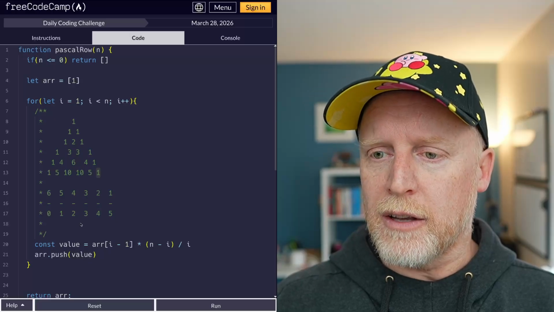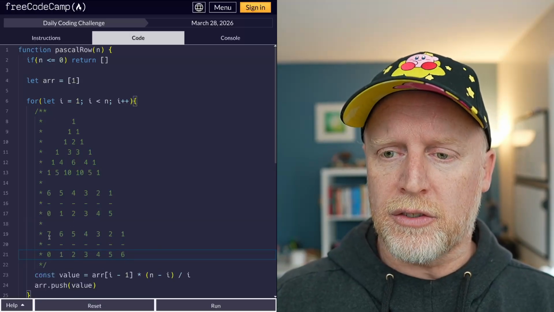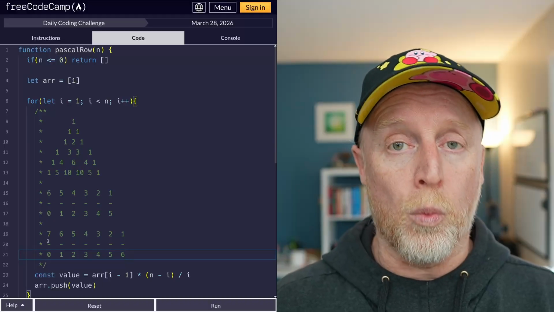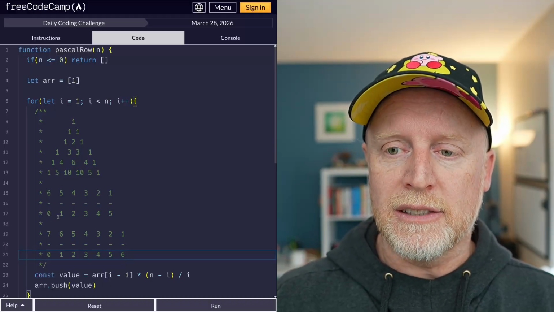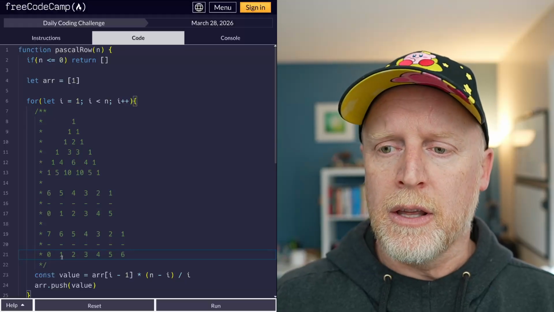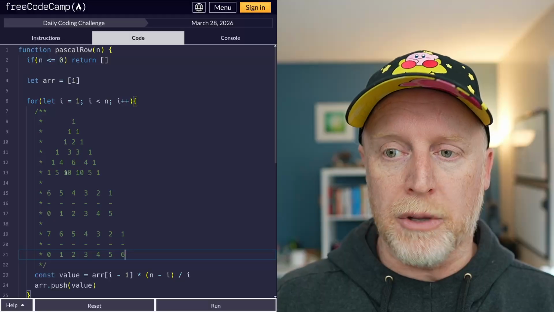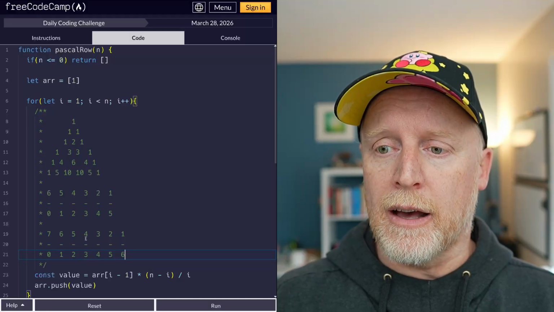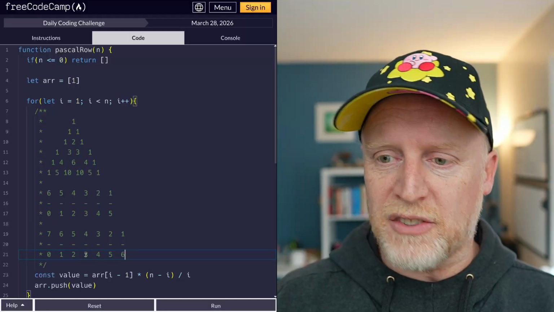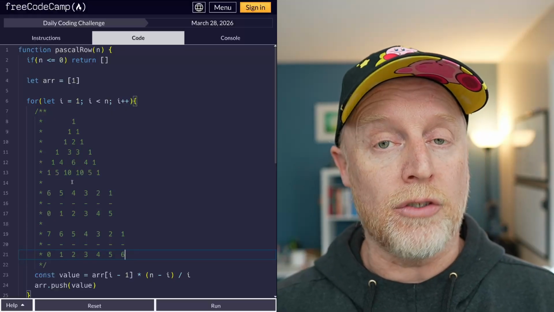So if we wanted to, we could do the very next row. It looks like this. So again, 7 is 1, and we should get 6. Well, 1 times 6 is 6, divided by 1 is 6. 6 times 5 is 30, divided by 2 is 15. That would be 5 plus 10 is 15. 15 times 4 is 60, divided by 3 is 20. 10 plus 10 is 20, and so on down the line.